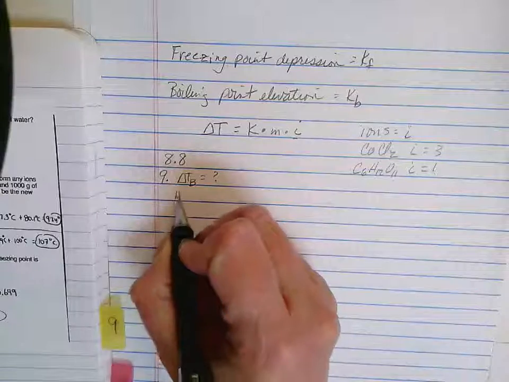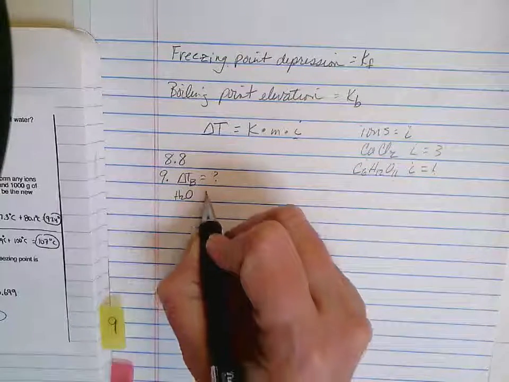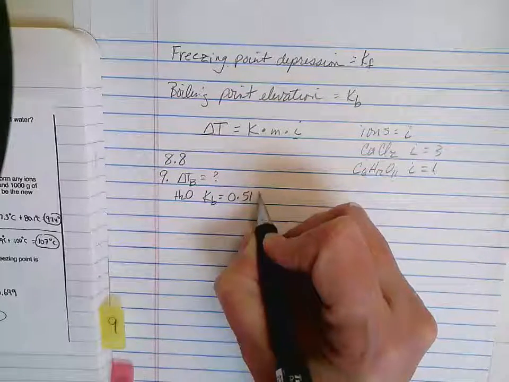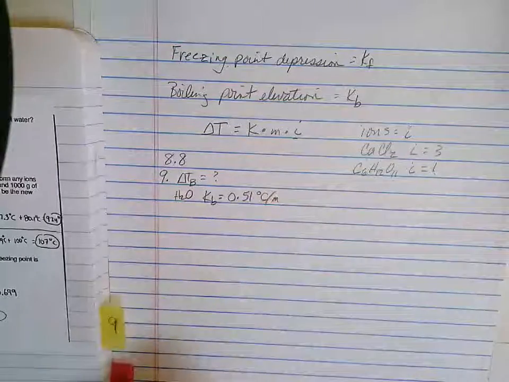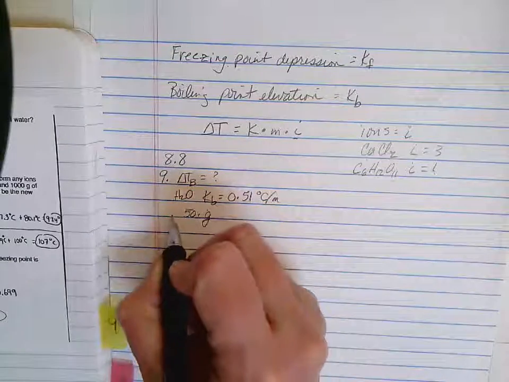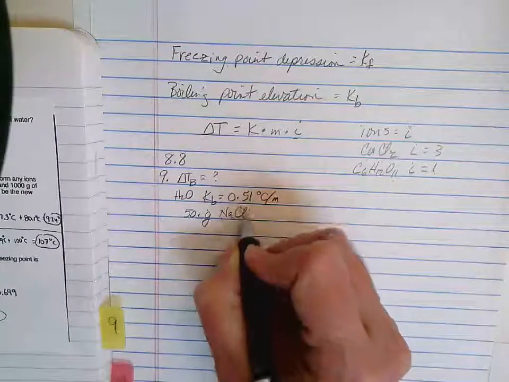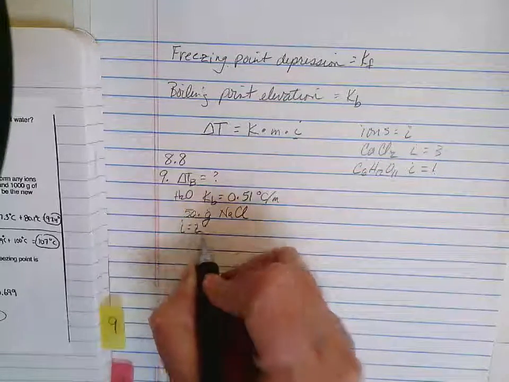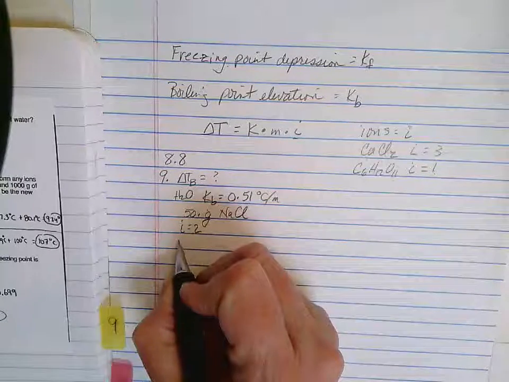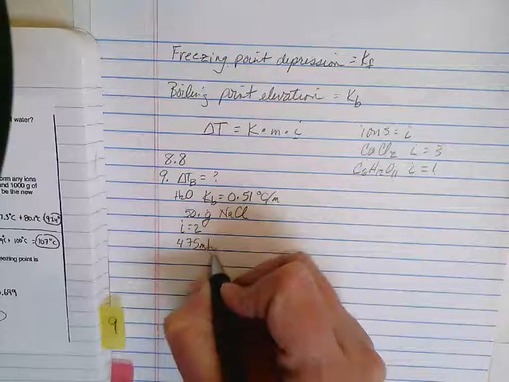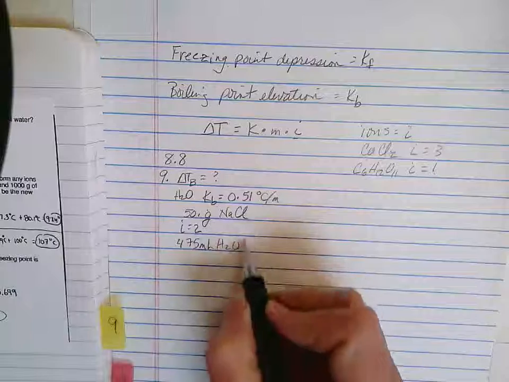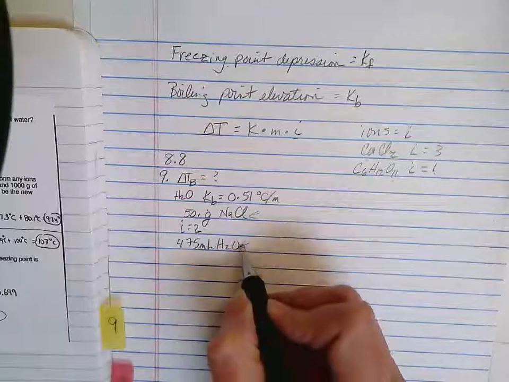My solvent is H2O, so that tells me Kb is going to be 0.51 degrees Celsius per molal, for a 50 gram solution of NaCl. I know right now that i is going to equal 2 because 1 sodium, 1 chlorine. And it's going to be put into 475 milliliters of H2O.